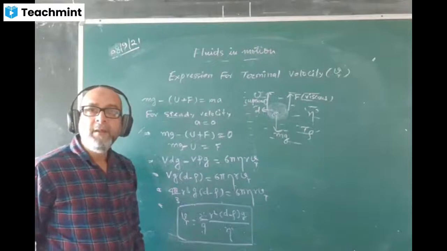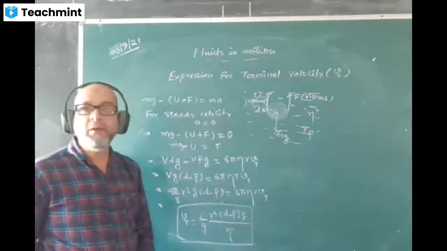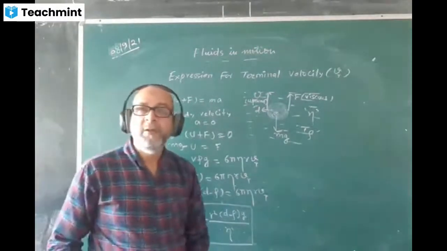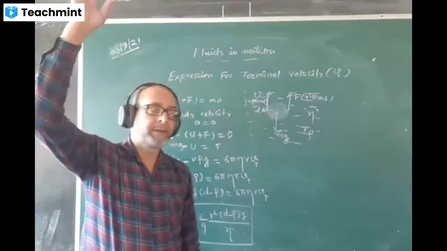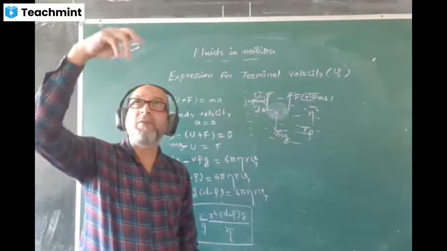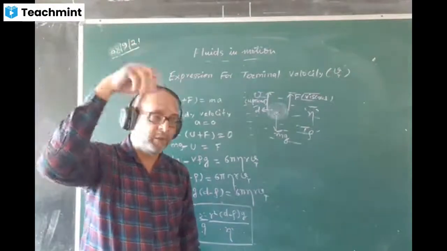I give another example of terminal velocity: raindrops. When raindrops are at a greater height, they have random velocity.